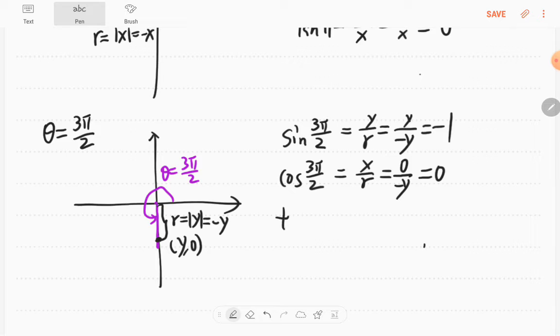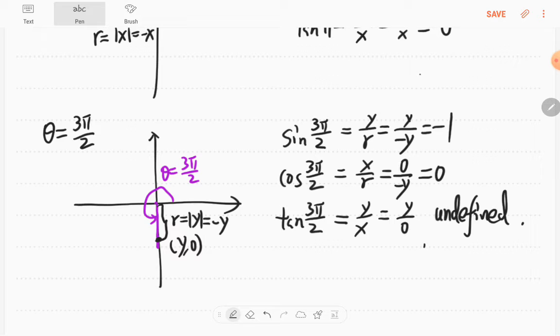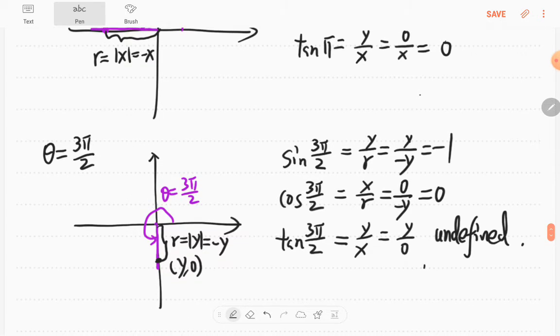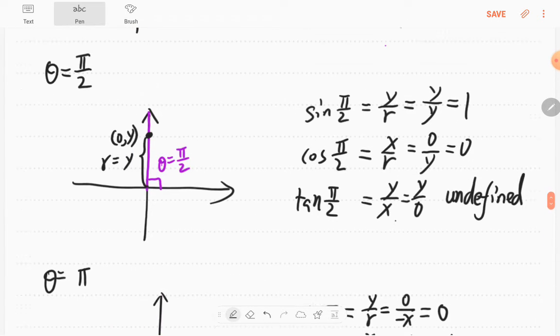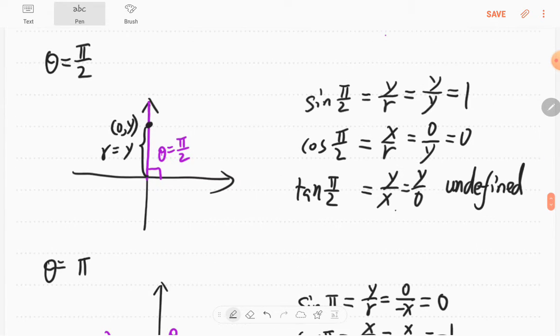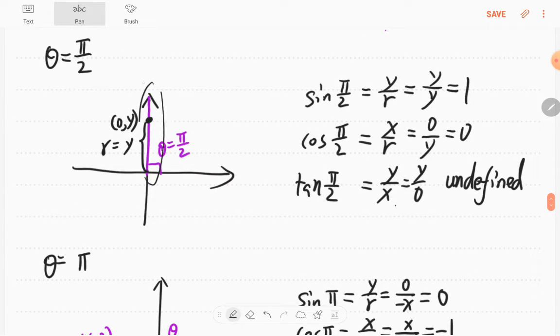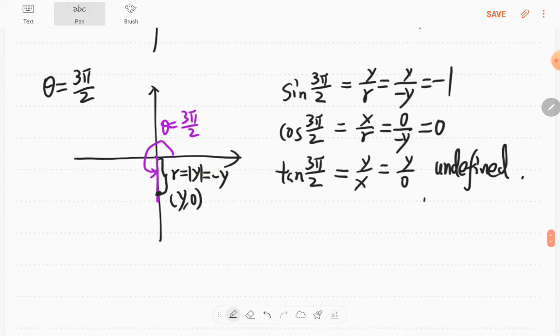And the tangent 3 pi over 2 is equal to y over x, but x equals 0, so it's y over 0, so it's undefined. Okay, so in other words, if the terminal side is on the y-axis, then the tangent of theta is always undefined.